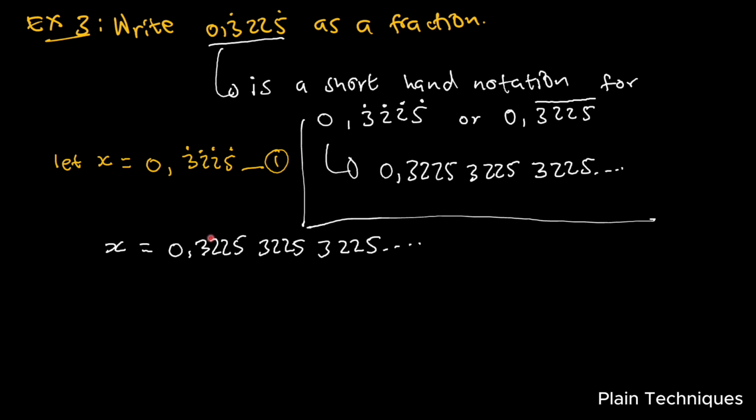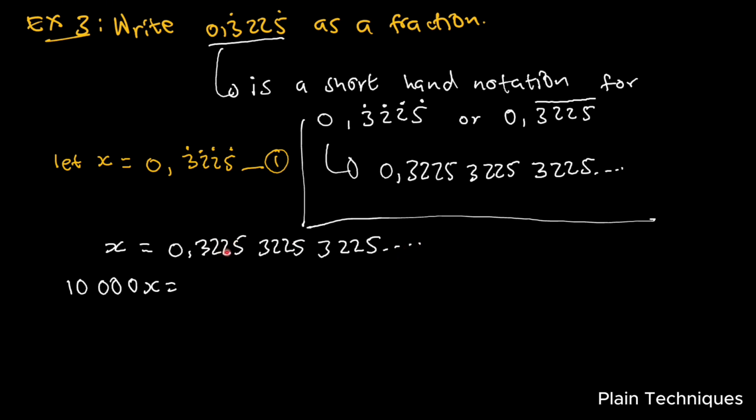To get equation number 2, I multiply both sides of equation number 1 by 10,000. Why? Because I need 4 zeros. So that is 10,000x. When you multiply this side by 10,000, the comma will move by 4 places, 1, 2, 3, 4, and I'm going to write the rest as they are.